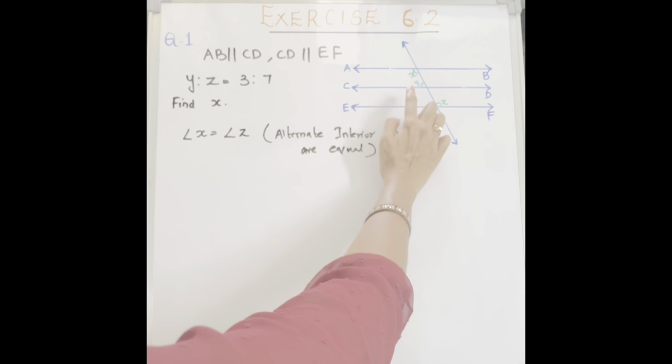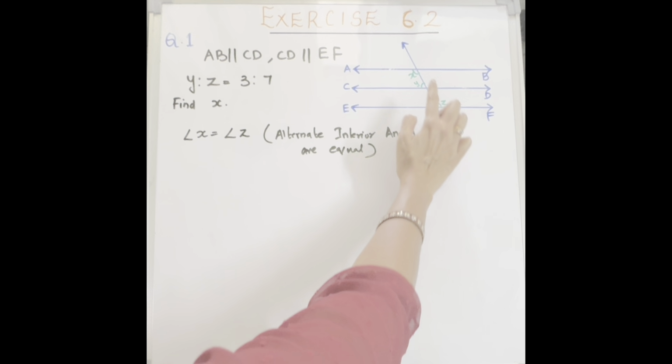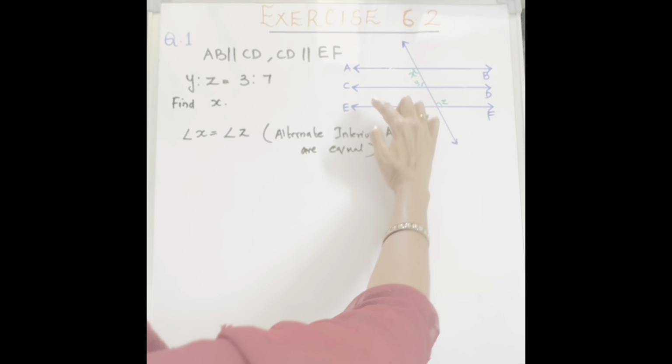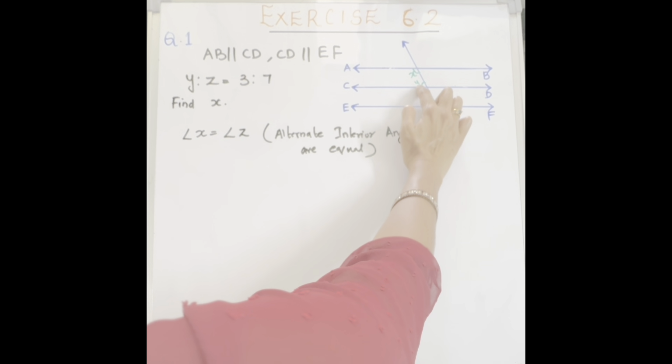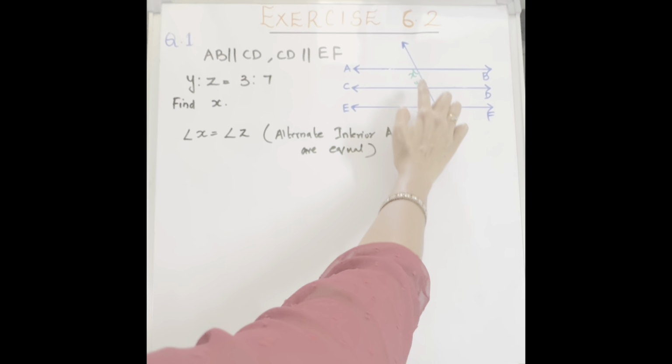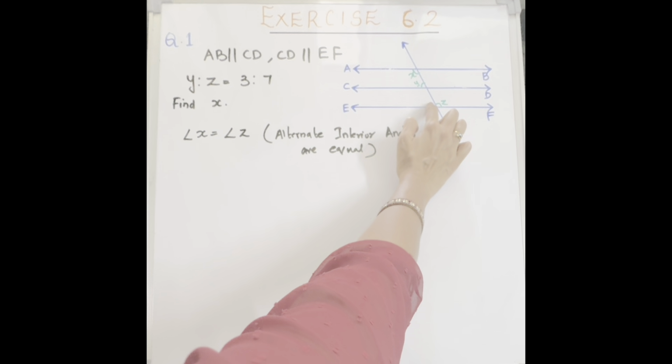Now look at the angles again, and can you figure out anything else? Same thing, CD is parallel to EF. We see one angle Y here. Can you find another angle corresponding to this? You can see that angle Y is equal to the angle here.